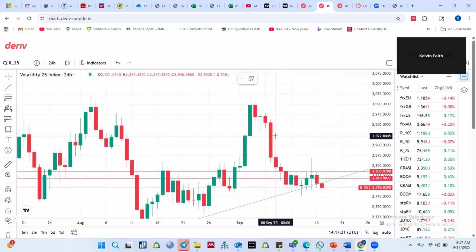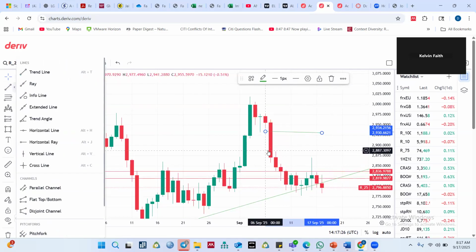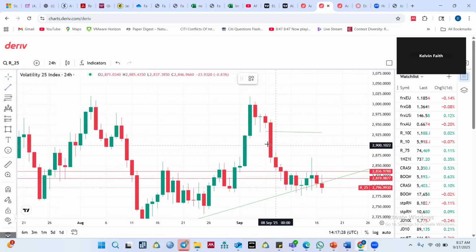I can see this area as a fair value gap. There's a fair value gap up here. As a matter of fact, it is a balanced price range.